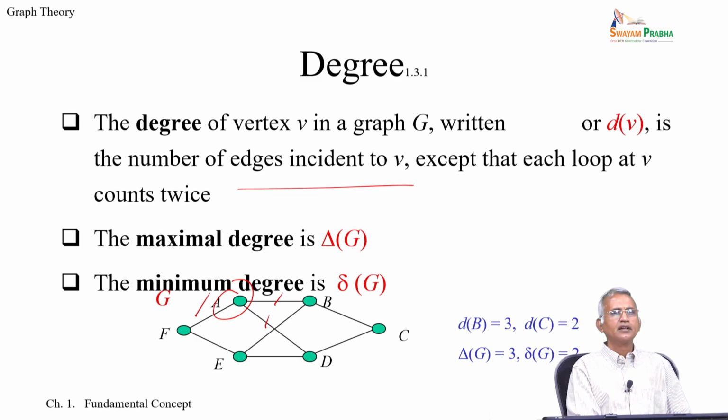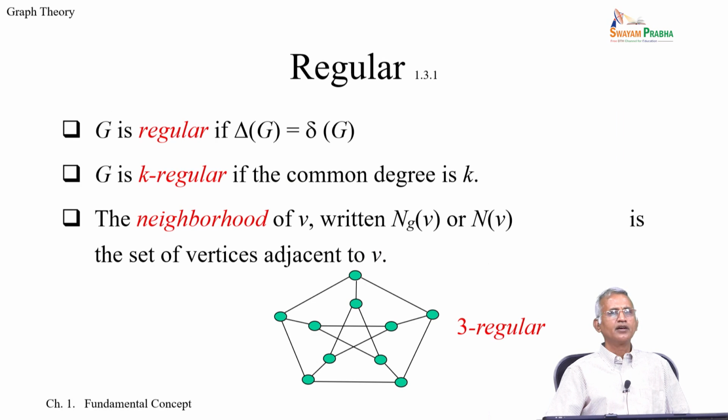Like that, the maximum degree is denoted by capital delta of G and the minimum degree by small delta of G. Vertex B has degree 3 and vertex C has degree 2, so capital delta of G is 3 and small delta is 2. This is the meaning of capital delta and small delta of degree.